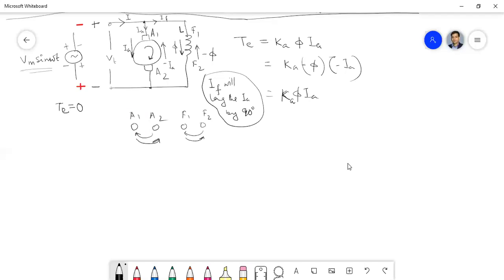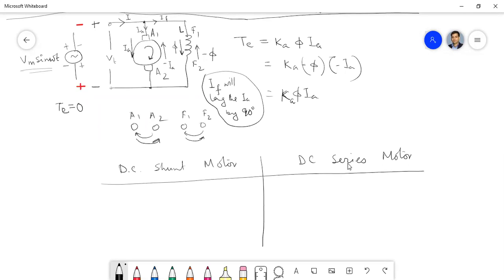Now I will present a few comparisons between the DC shunt motor and DC series motor. As we have seen, in a DC shunt motor the field flux is constant, because in a motor the field is directly connected across the supply voltage.